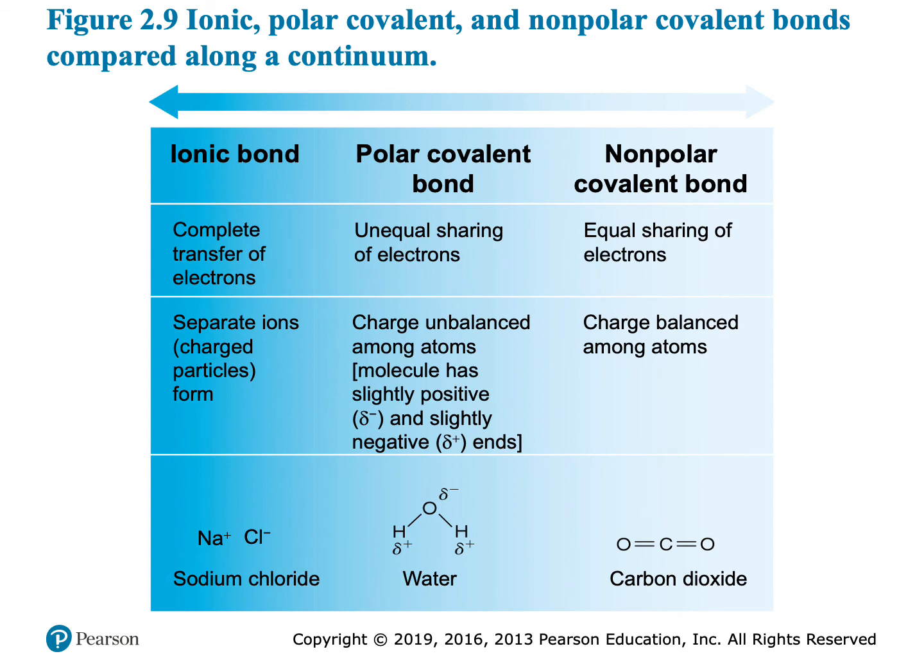So here's a summary. With ionic bonds, we're going to transfer the electrons, and now that atom has a charge. Because they have a charge, they're attracted to each other, they're dating.